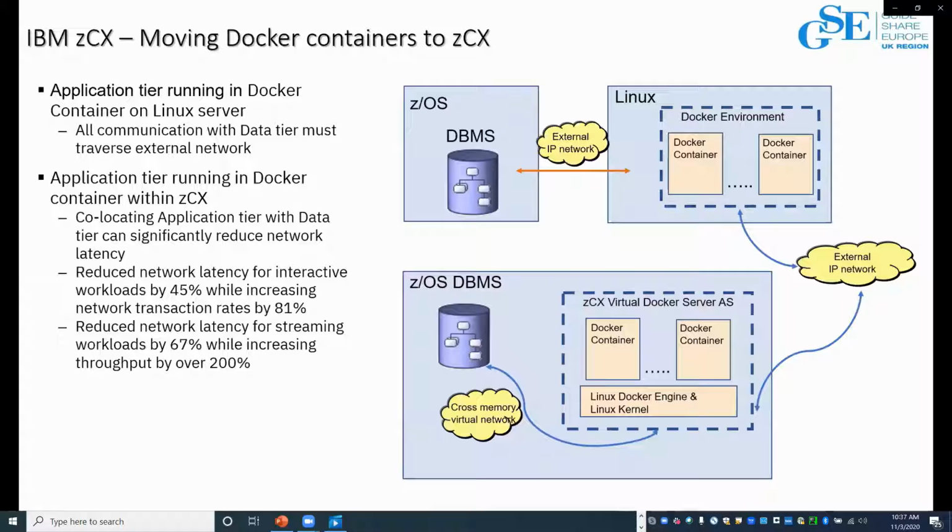In testing done in our environment, we configured a client Docker container application running on a Linux server, communicating with a server application running on a z/OS system. Both the Linux server and z/OS system were on the same subnet. We then compared that to the same client application on a Docker container running in zCX, co-located with a z/OS server application.